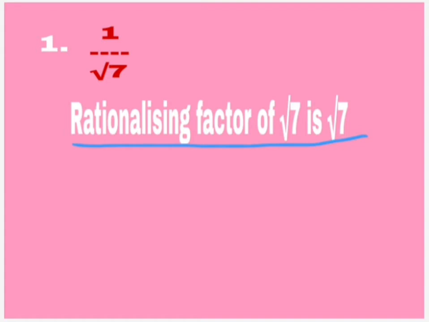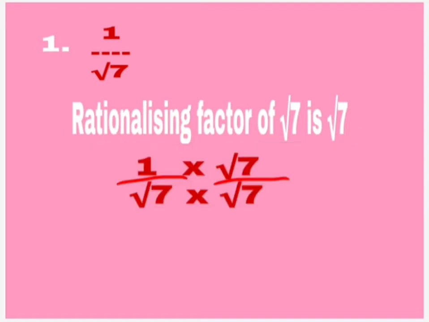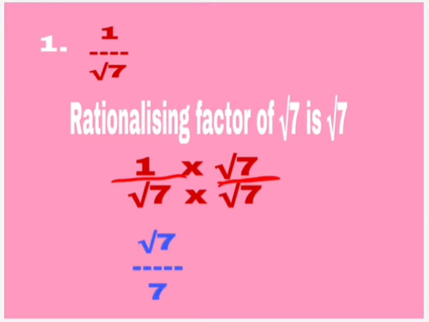In the next step, we are going to multiply that root 7 to both numerator and denominator of your given number. Now 1 into root 7 will become root 7. Root 7 into root 7 will become 7. Whenever we multiply the same root number, we are going to get the number only. Root will get cancelled. That is the solution for your first sub question.